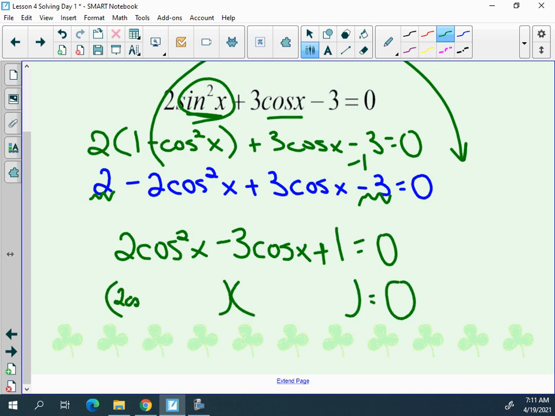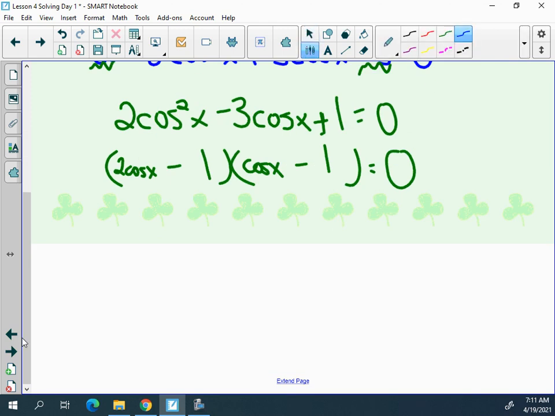Okay, so I'm going to have 2 cosine x and cosine x. That's going to multiply to get me 2 cosine squared x. I want to get a positive 1 but a negative 3, so it's going to be both minus 1s there, and that will combine accordingly. So now I'm going to set both of those factors equal to 0.